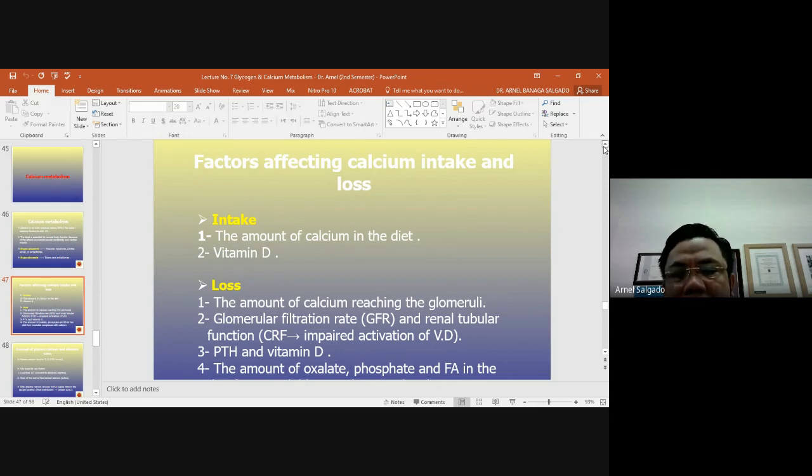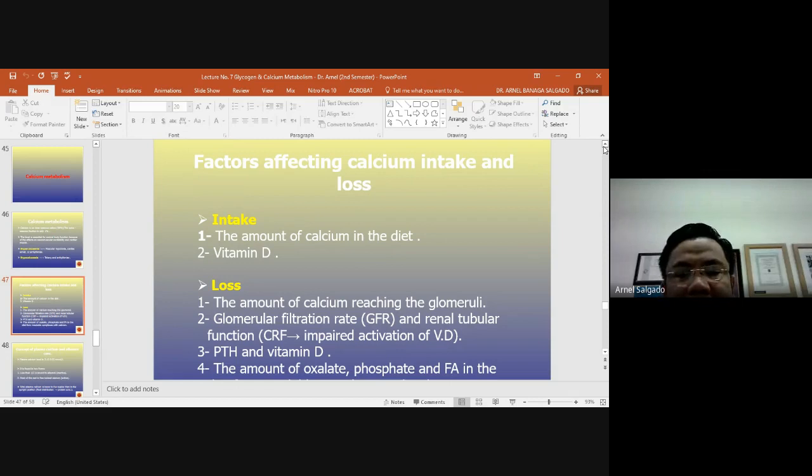Also the GFR, that is the glomerular filtration rate, is higher, and of course the renal tubular functions, the CRF, and there is impaired activation of vitamin D. There is one problem: kidney disease could be a problem.